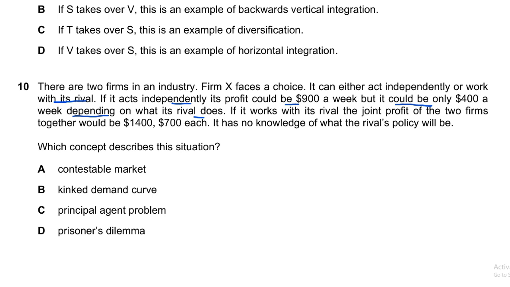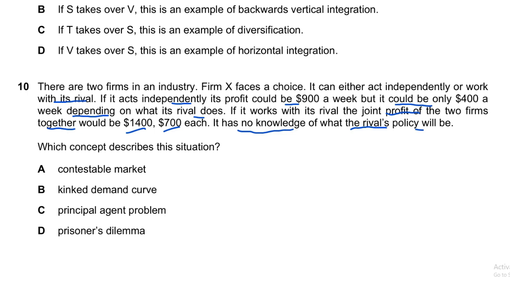Okay, so if it works with its rival, the joint profit of the two firms together would be $1,400 and $700 each, and it has no knowledge of what the rival's policy will be. So this is kind of like the theory of prisoner's dilemma, or a two-player payoff matrix as well.